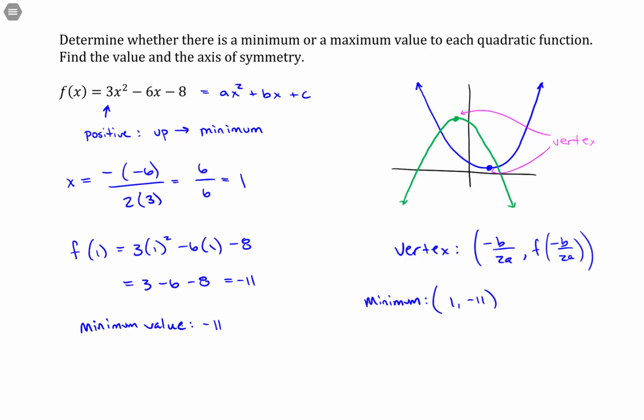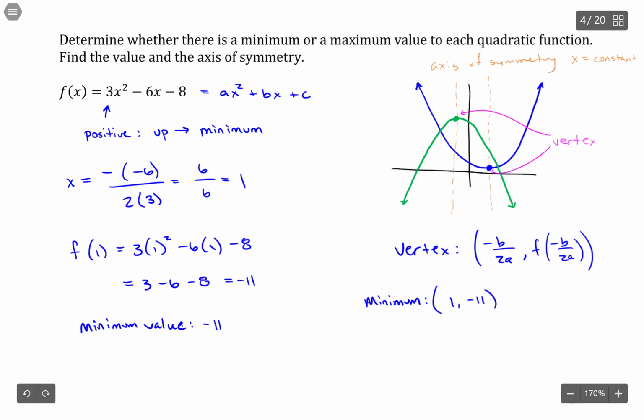The axis of symmetry. So the axis of symmetry for any parabola is the vertical line that passes through the vertex. These are my axis of symmetry. So to make a vertical line, it's always x equals some value, which is a constant.